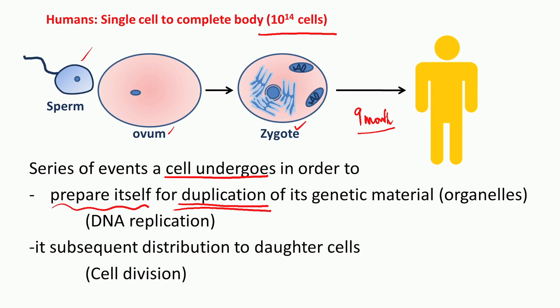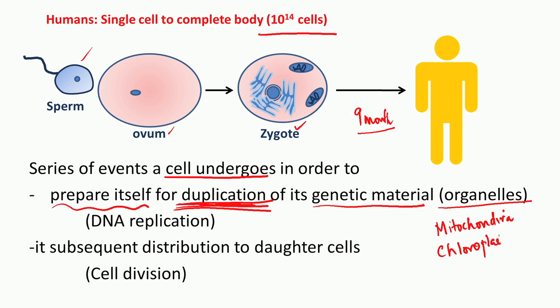For the cell to pass on the information, the duplication of the genetic material is a very critical point. So, it first duplicates its genetic material. It also tries to have sufficient copies of its various cell organelles. For example, the cell has mitochondria, and in the case of plants the cell will have chloroplasts.